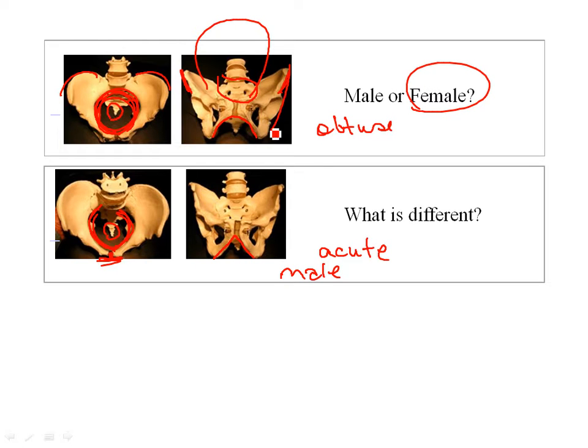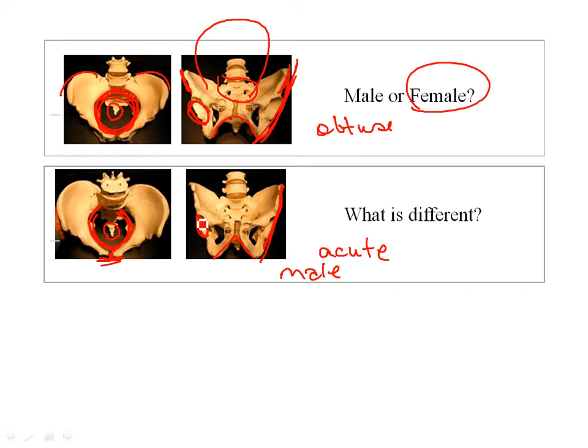So you've got this flare out to the hips, more straight up and down here. That also contributes to the differences in the way that males and females walk. Think about the acetabulum right here and right here. The acetabulum is that cup-like structure that the head of the femur is going to sit in.